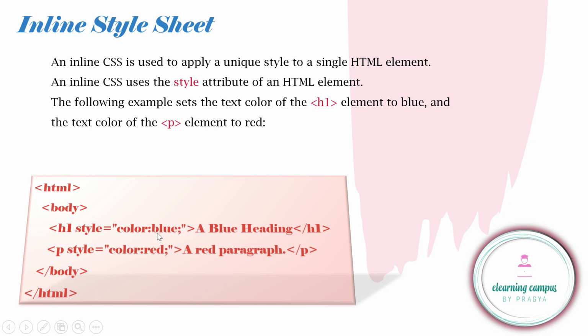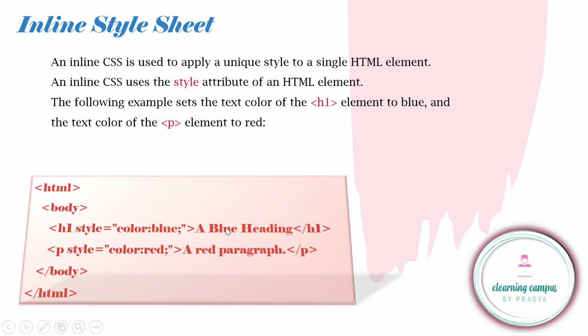This is the property colon value, and end it with a semicolon. Remember this thing: the colon we use to separate the property and value, and the semicolon we use after the value. So put it in the double quotes and the rest of the text. And now here for the p tag I am changing its style equals to color red.